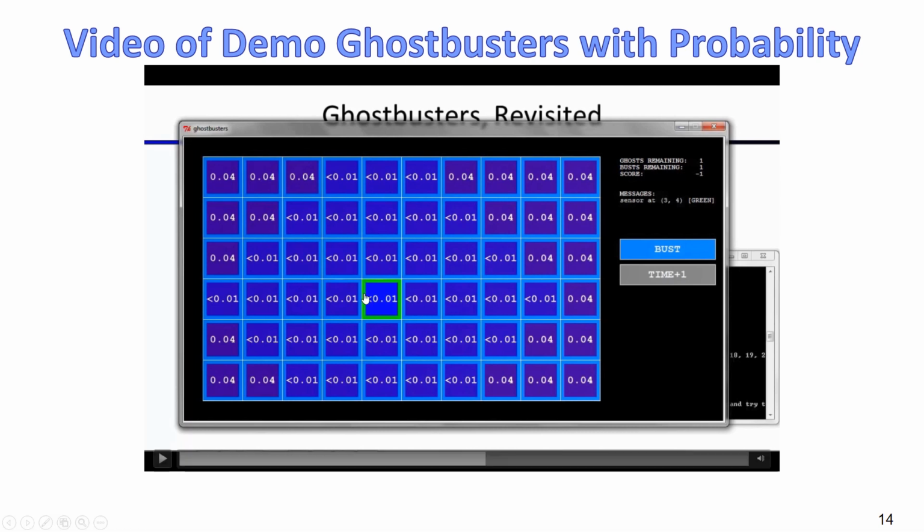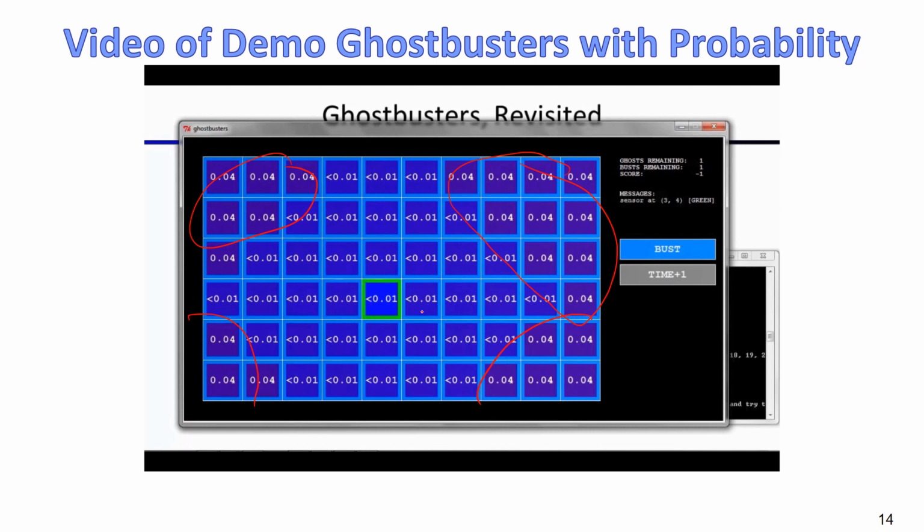Knowing that this is green now, if I got green here, you see the surrounding area of this cell has very small probabilities of having the ghost, and the outer area has higher probabilities. It's 0.04 in these areas, but here it's less than 0.01.